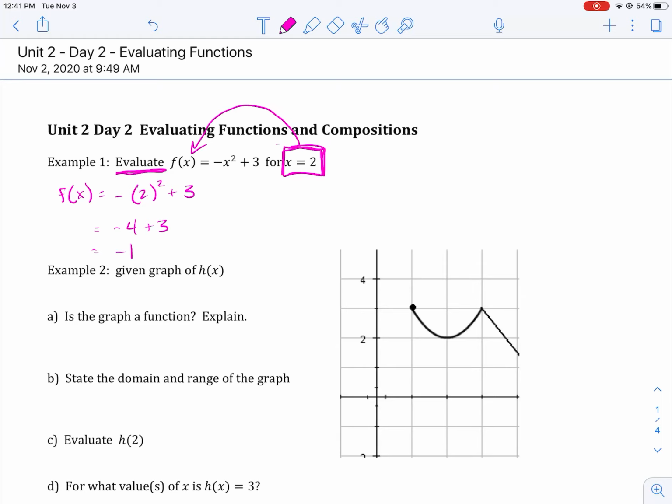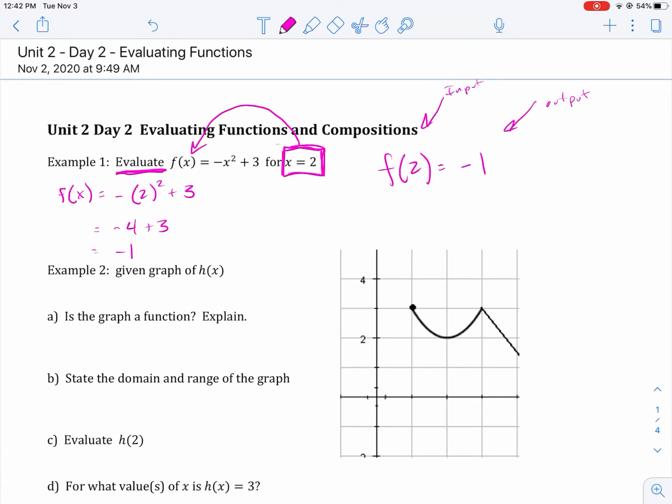So what that is saying is when our input is 2, our output is negative 1. So all it means by evaluate is, what is the value of y when x is equal to 2. Let's move on to the next one.